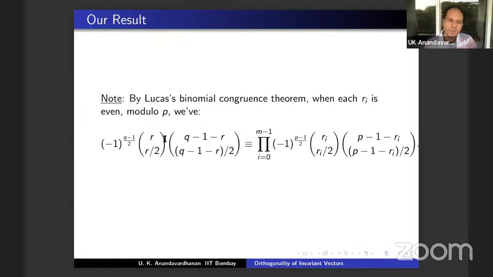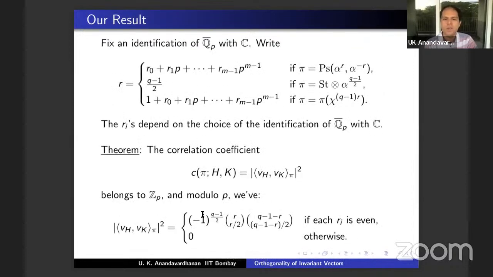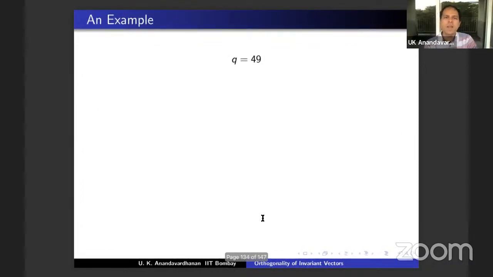You can write the p-adic expansion of R. And if you are interested in these binomial coefficients only modulo P, then you can take these p-adic coefficients, do the appropriate thing and take the product over all the things. This will be a much smaller number. The original will be a much bigger number, but they are congruent modulo P. So computing this is also not difficult, because you are anyway asserting only something modulo P. So modulo P, you can make these coefficients much smaller compared to the original coefficient and easily compute it, appealing to Lucas's theorem.